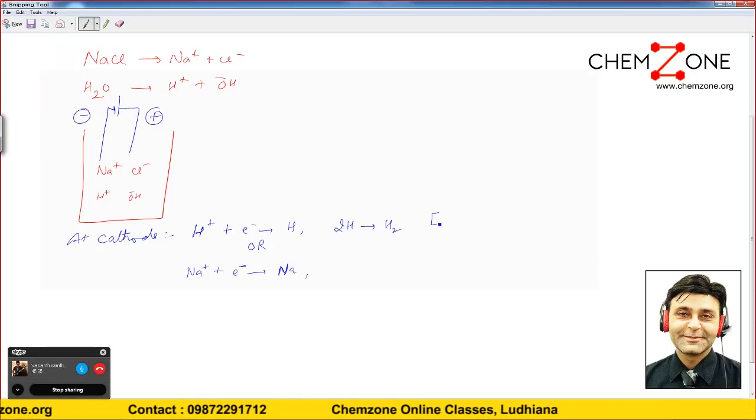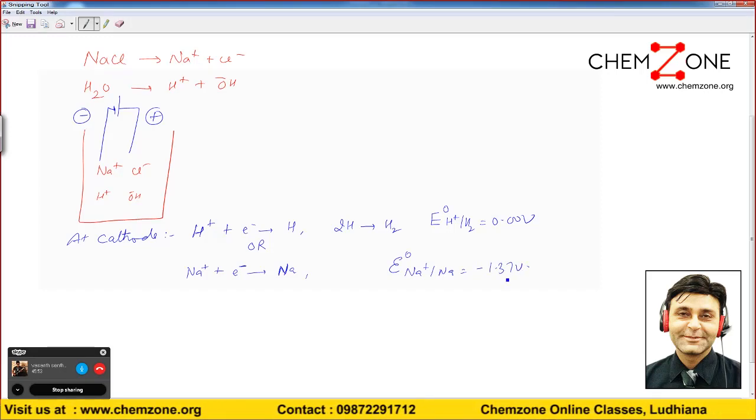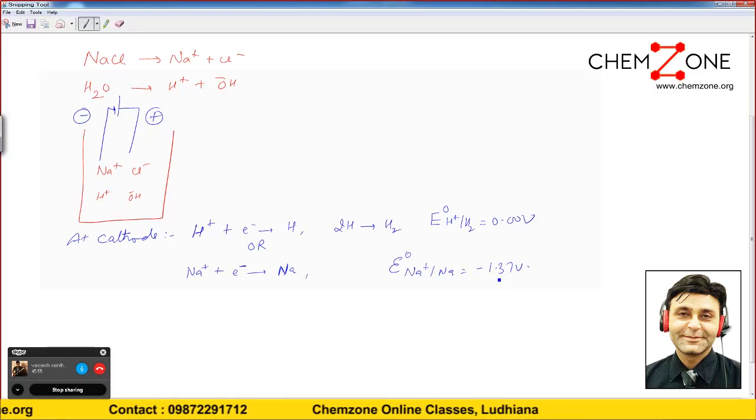Okay. This will depend upon the reduction potential. We know that the reduction potential of hydrogen is equal to 0. And the reduction potential of sodium is equal to how much? Can you tell me? Minus 1.37. It is in the electrochemical series. Okay. Which has a higher value?